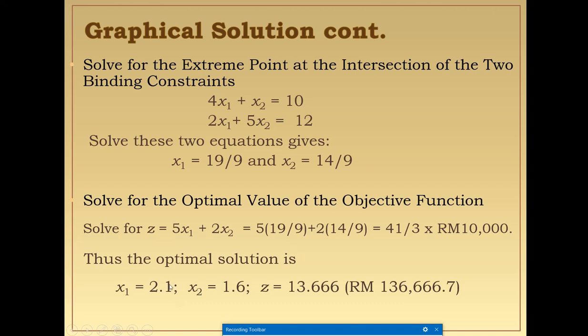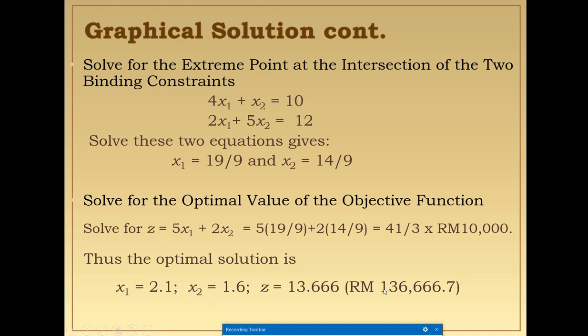So from here we know that Jiji Mobile Sdn Bhd should purchase 2.1 minutes during the Tamarinda slot and 1.6 minutes during the berita utama slot. So 2.1 minit semasa Tamarinda dan 1.6 minit semasa berita utama.